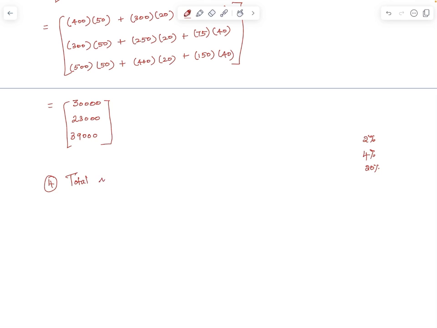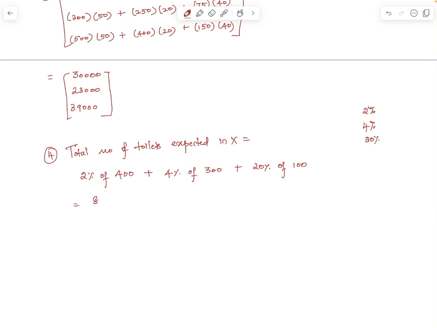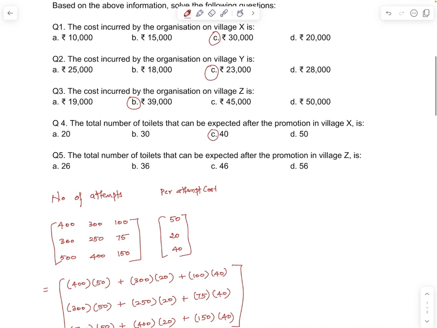Total number of toilets expected in village X is 2% of 400 plus 4% of 300 plus 20% of 100, which is 8 plus 12 plus 20, that is 40. Answer is option C.